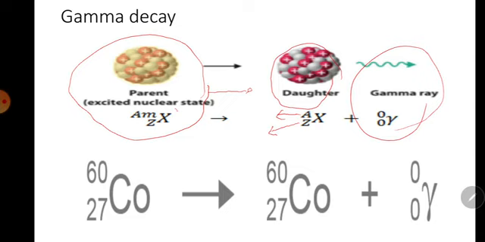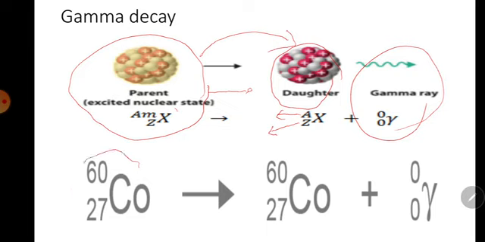For example, when you provide energy to the nucleus and the nucleus gains energy, it goes into an unstable state. When it jumps back to the stable state, it emits that energy which was absorbed by the nucleus in the shape of gamma rays.